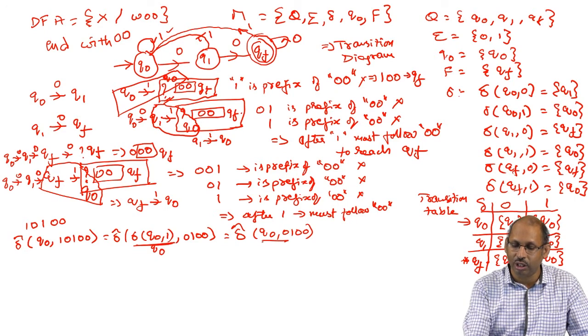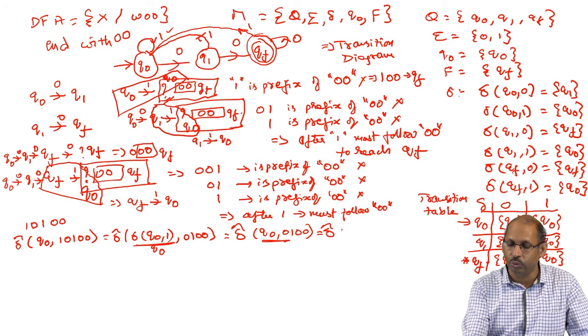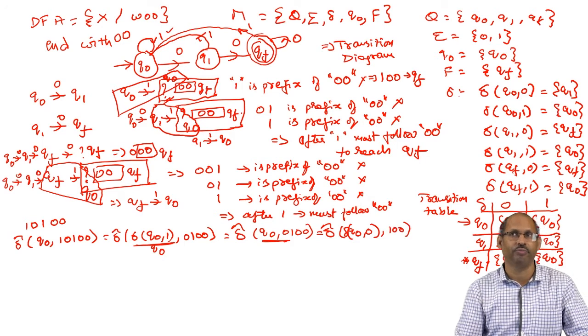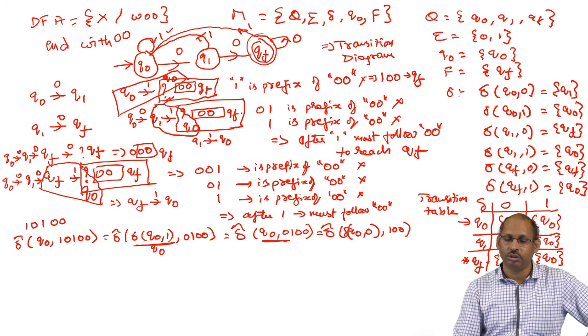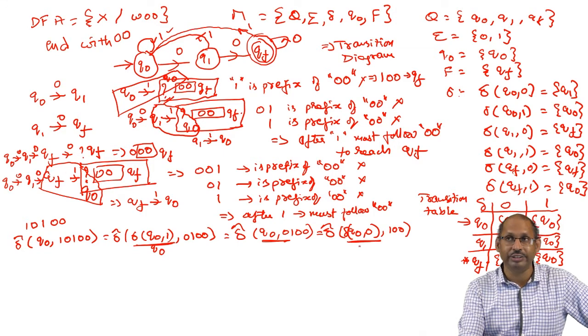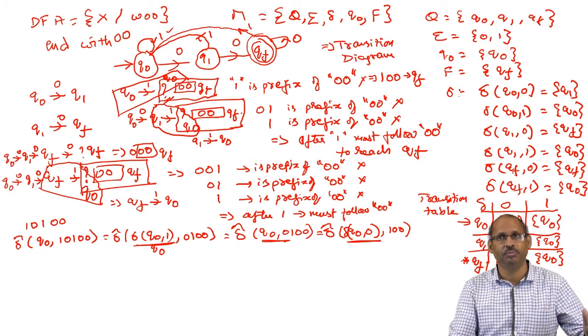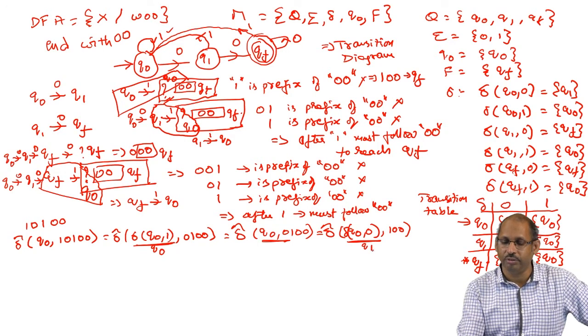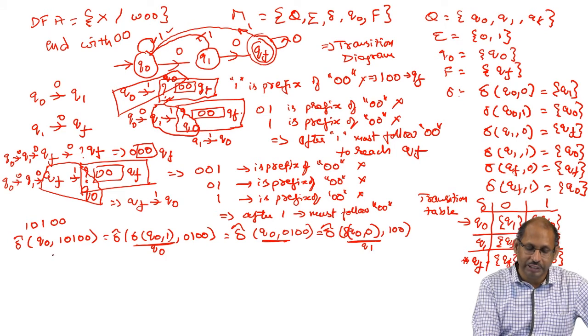Now we consider Q0 on 0, followed by 1, 2 zeros. From the transition diagram, or the transition table, Q0 on 0 is simply Q1.